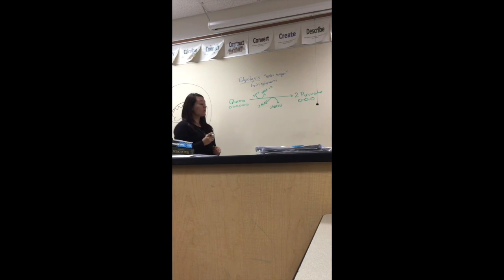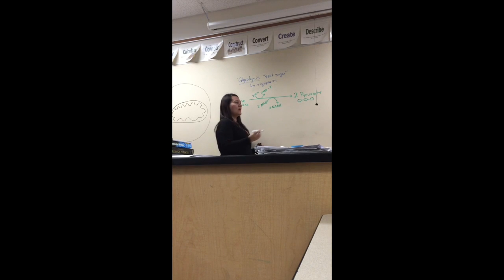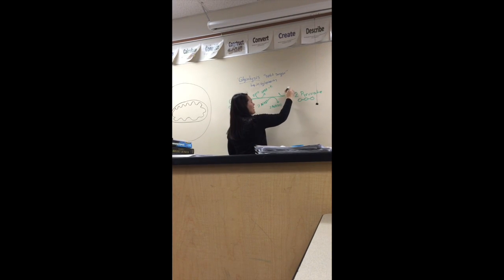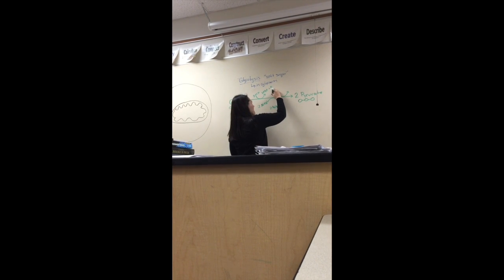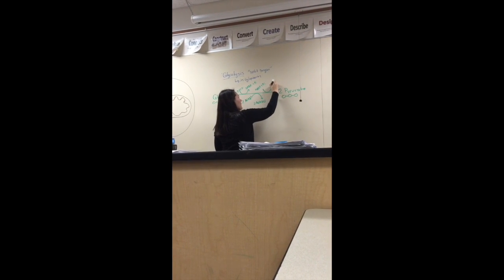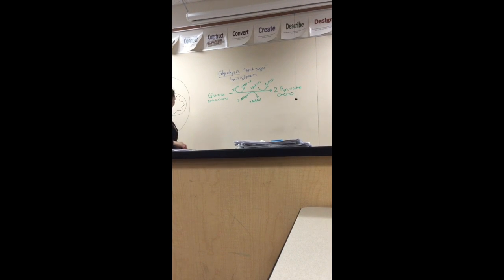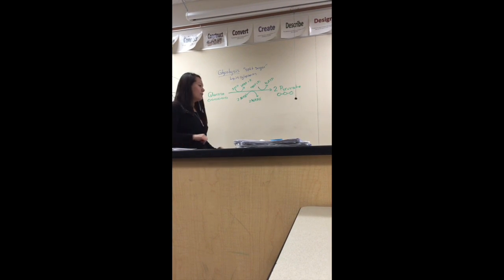Okay. We also are going to make ATP. So what is required in order to make ATP? ADP and inorganic phosphate. Okay, so now let's look at the net production of what we get from this reaction.